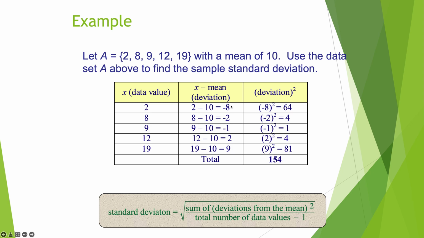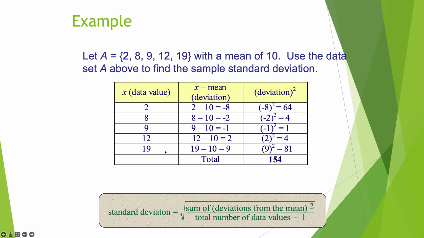Then we're going to square each of these solutions. So negative 8 squared is 64, negative 2 squared is 4. Negative 1 squared is 1, 2 squared is 4, and 9 squared is 81. Then we have to add all of those up, which in this case adds up to 154. Then I have to divide that by n minus 1. So I would divide by 4, right?